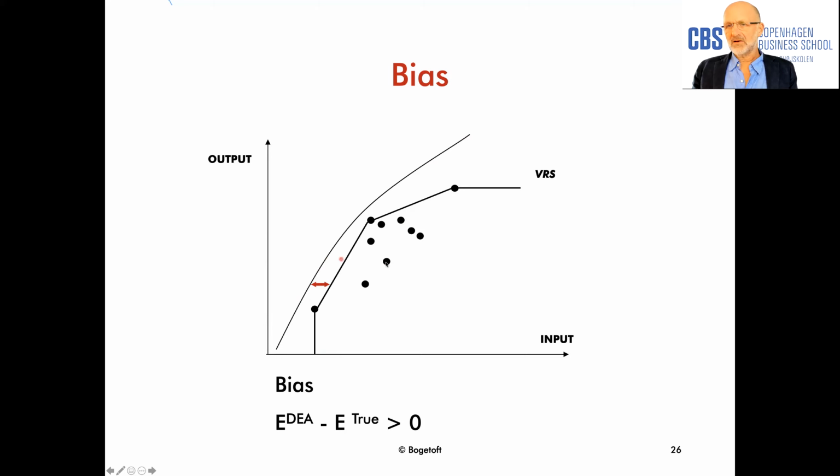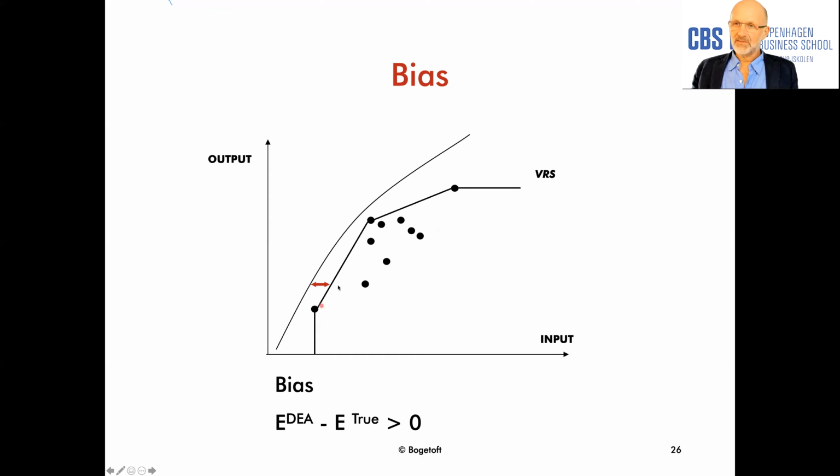And this guy over here, for example, has added some slack to the production process, or he hasn't been quite efficient in his organization. So he has an input or a cost maybe all the way out here, okay? And since everyone has some problem in the organization, or problems with slack, or maybe insufficient incentives to really operate efficiently, all the observations are going to be somewhere to the right of the true frontier.